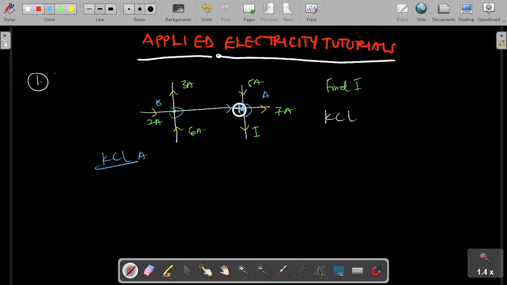Upon analysis, 5 amps is arriving. This current, which I can label as IA, is also arriving, I is leaving, and 7 amperes is leaving.